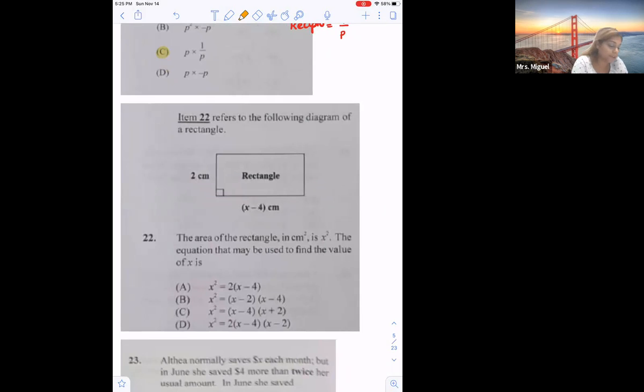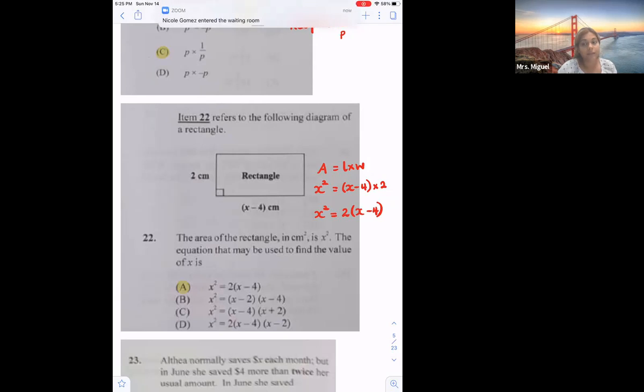We know area is length multiplied by width. So x squared is equal to the length, which is x minus 4, multiplied by the width, which is 2. So x squared is 2 into x minus 4. The answer, A as in apple. And this one, item 22, it is a popular one.